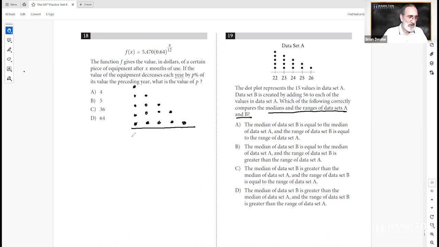So 22, add 56 to that, 78, and then 79, 80, 81, and 82. And note the range here is going to be 26 minus 22 is 4. And the range here is going to be 82 minus 78 is 4. So we know right away that the ranges are the same.